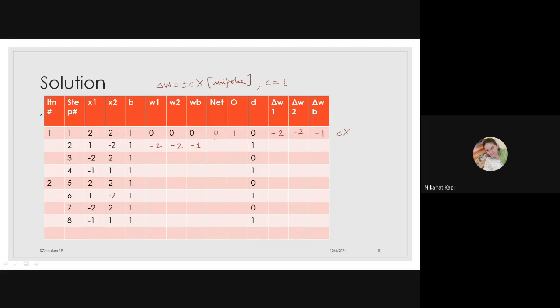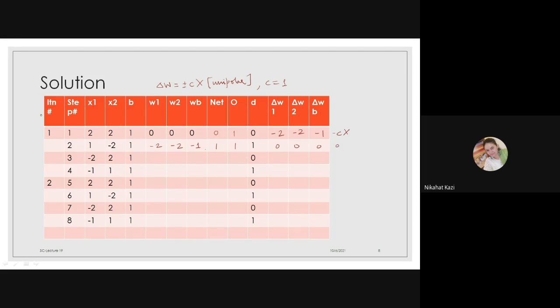Okay. Now, net value for this: -2 plus 4 is +2, minus 1 is 1. And so O will also be 1. These two are the same. So no change in weights.